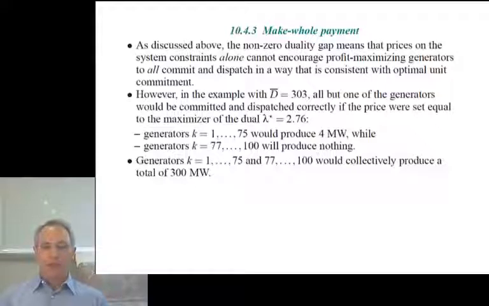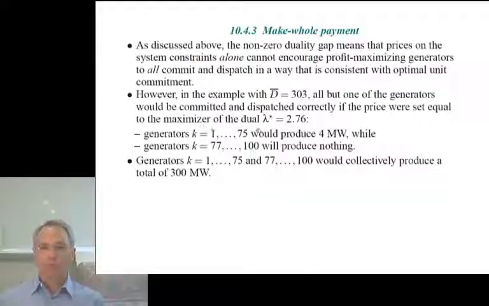So, as we just discussed, the non-zero duality gap means that prices on system constraints alone cannot encourage profit-maximizing generators to all commit and dispatch consistently with optimal unit commitment. However, in our larger example, all but one of the generators would be committed and dispatched correctly if the price were equal to 2.76.